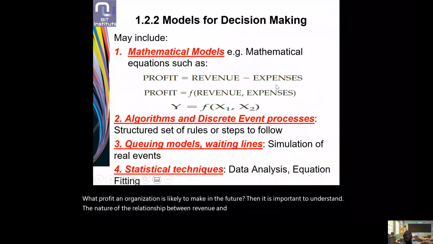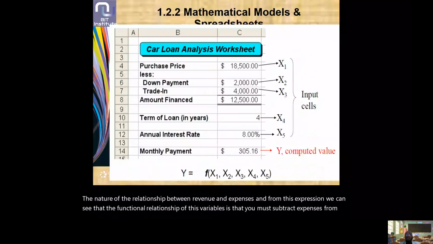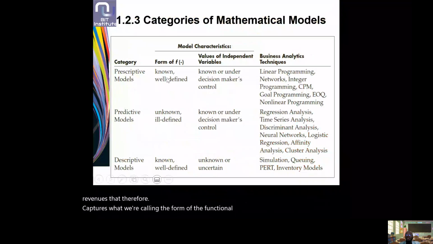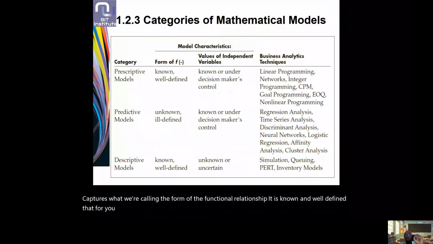From this expression, we can see that you must subtract expenses from revenues. That captures what we call the form of the functional relationship. It is known and well defined that to determine profit, you subtract costs from revenues.